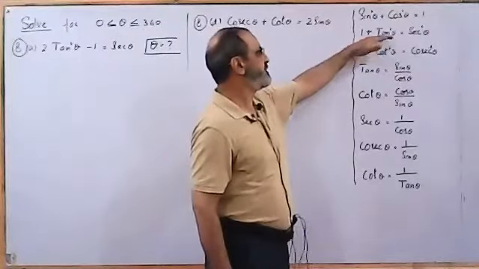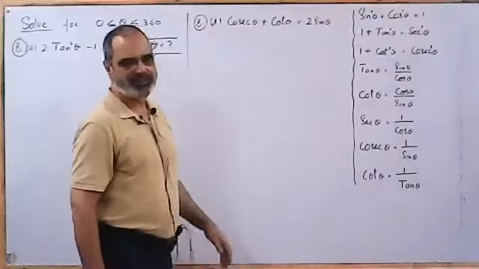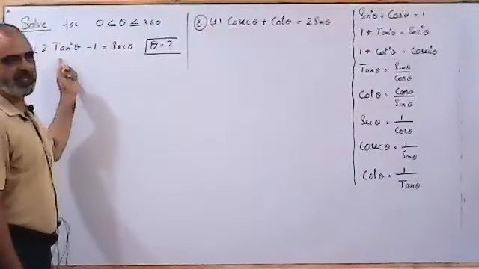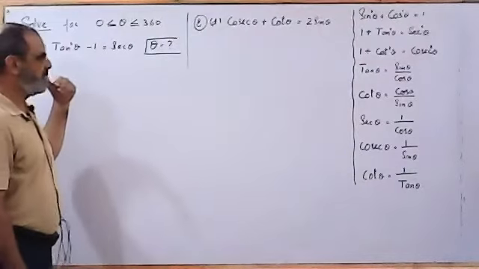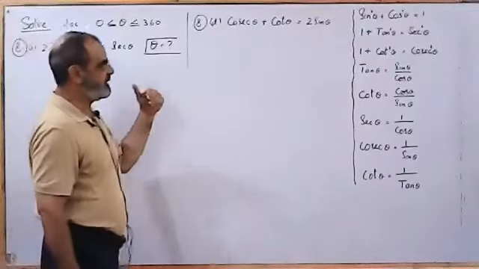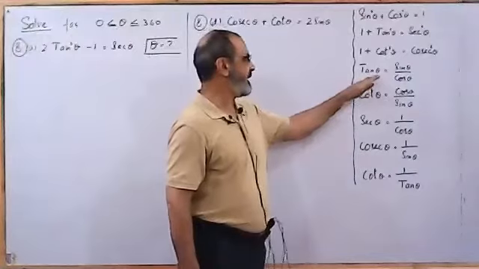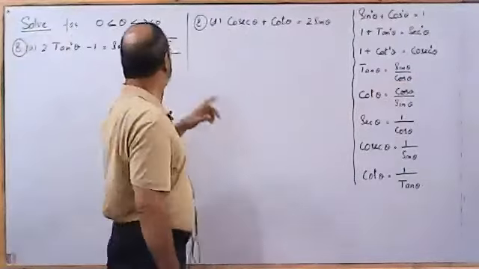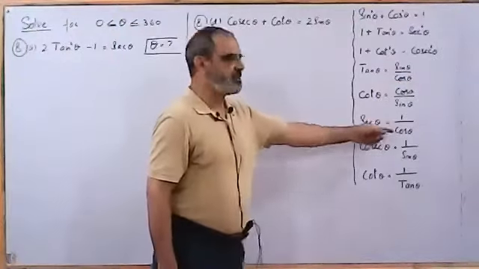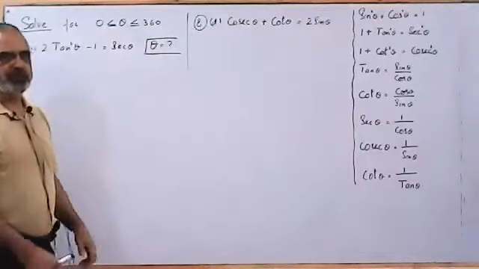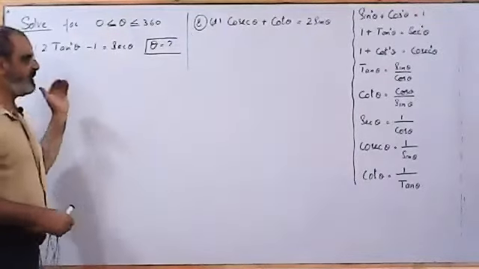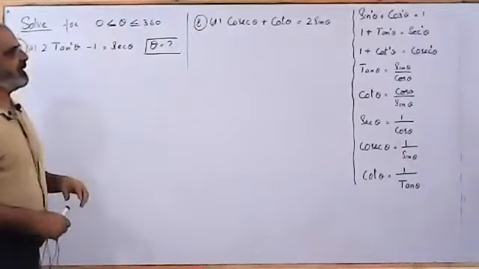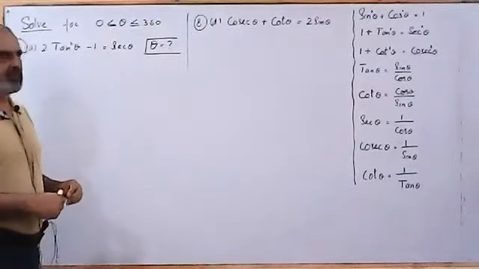I can change tan square into secant square. Or I can use these identities as well. I can change tan into sine over cos and secant into 1 over cos, and then accordingly I can proceed. But I will prefer the identity 1 plus tan square is equal to secant square.